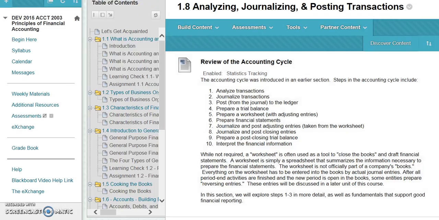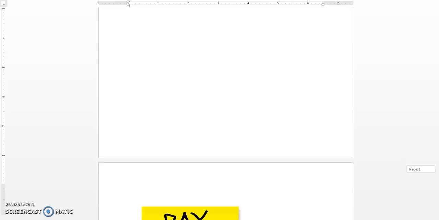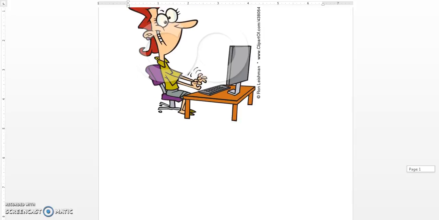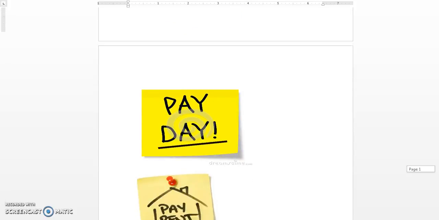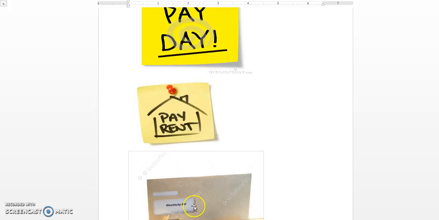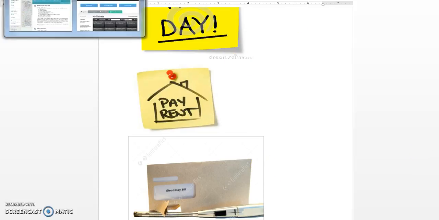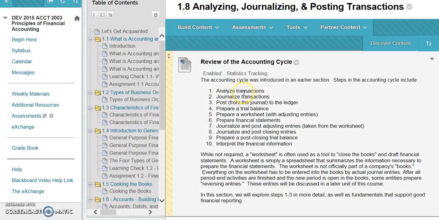So if you think about it, somebody's sitting at their desk, like this young woman right here, and what happens on a daily basis? Here's three examples. You pay your employees, you pay some expenses, in this case rent, or you get maybe some bills in the mail. So that person who's ever collecting this mail, writing checks, collecting checks, what that's referred to is analyzing transactions.